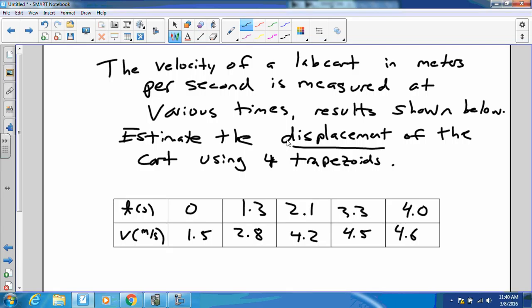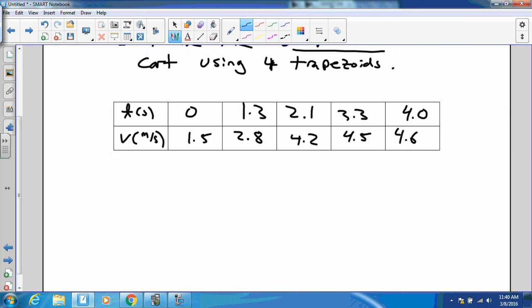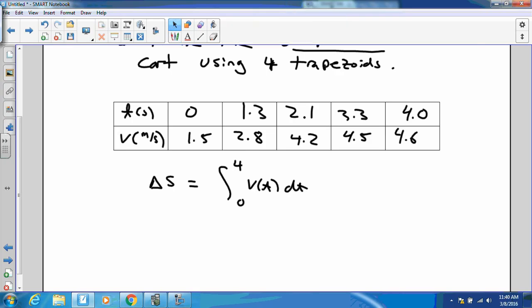Delta S equals the integral of velocity from where to where? Over the whole thing, from 0 to 4. This is my representation, and don't you dare start a problem without representing your answer first. This is the answer to the question.